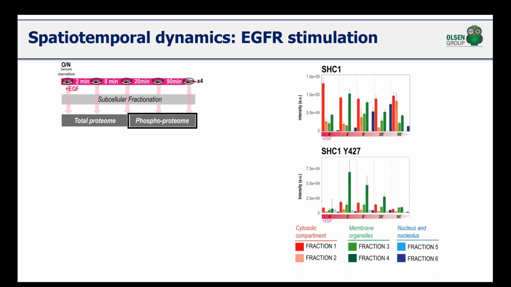And most importantly, we can actually look at these adapter proteins that are being recruited to the receptor and see that, for example, in the case of Shc1, it's only the membrane fraction of Shc1, the one that's actually being recruited to the plasma membrane, that becomes tyrosine phosphorylated, in this case on tyrosine 427, that is known to link directly to Grb2 and downstream MAP kinase signaling, whereas the fraction of Shc1 in the cytosol is largely unphosphorylated.